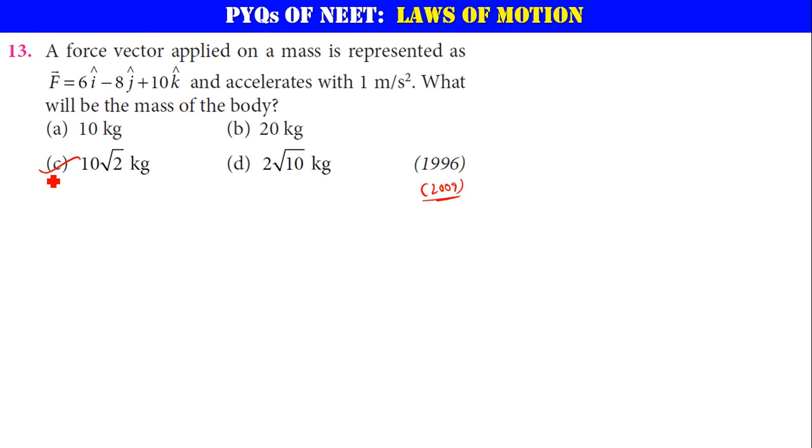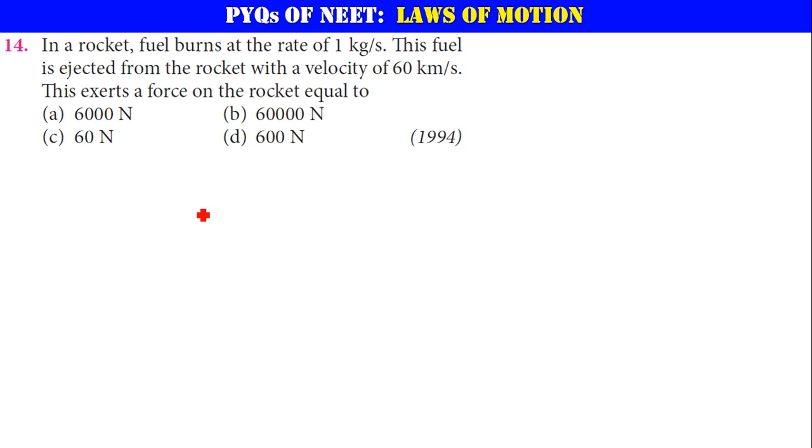Next. In a rocket, fuel burns at the rate of 1 kg per second. That means dm by dt has been given. What is that? 1 kg per second. This fuel is ejected from the rocket with a velocity of, so the velocity of the fuel which is ejected is 60 kilometer per second.